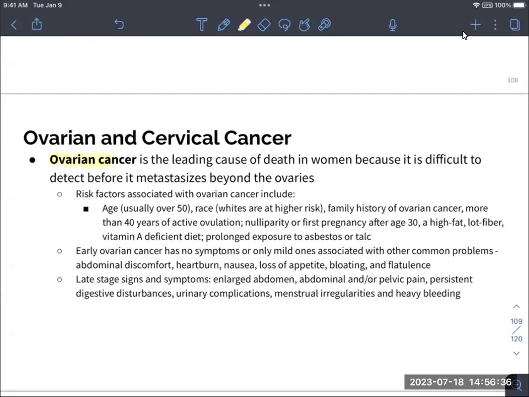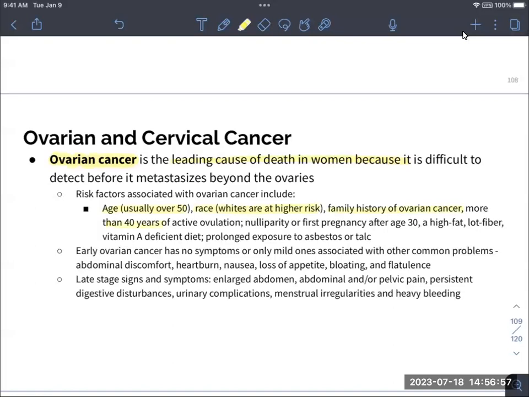Ovarian cancer. This is the leading cause of death in women just because it is very difficult to detect. So people who are at risk of ovarian cancer are usually over 50. White population has a higher risk if you have a family history of ovarian cancer.